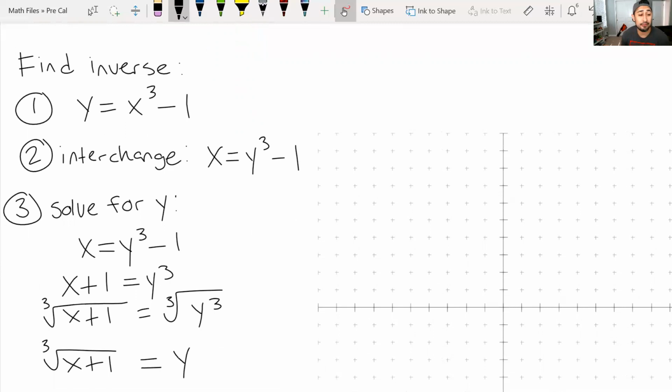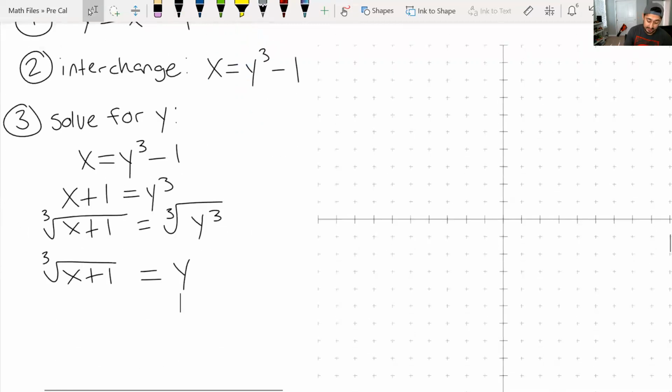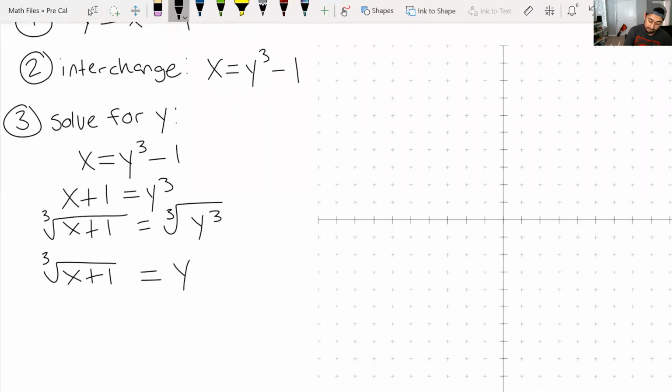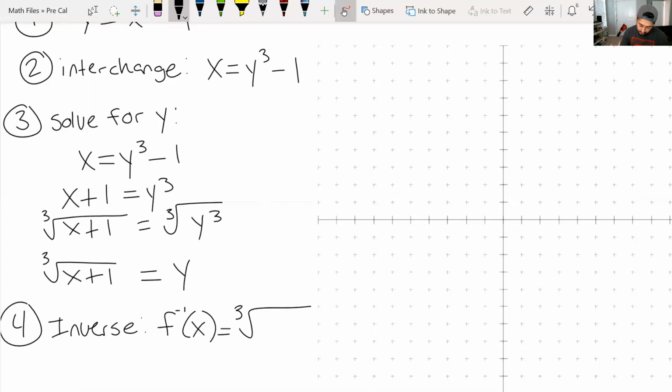There we go. We have found the inverse. So step 4, we will state it as the inverse. So 4, I'm going to say the inverse is f inverse of x equal to the cube root of x plus 1.